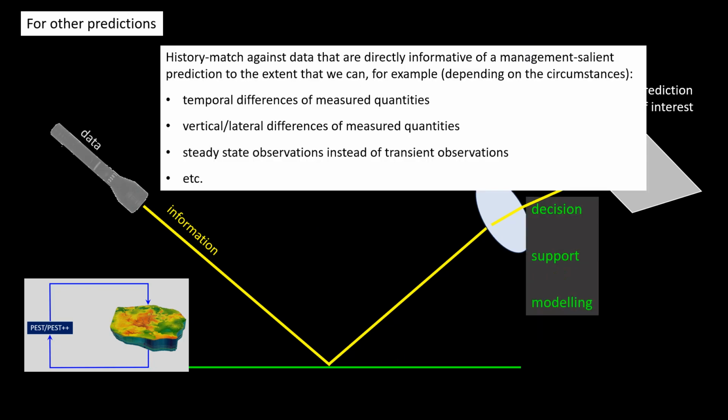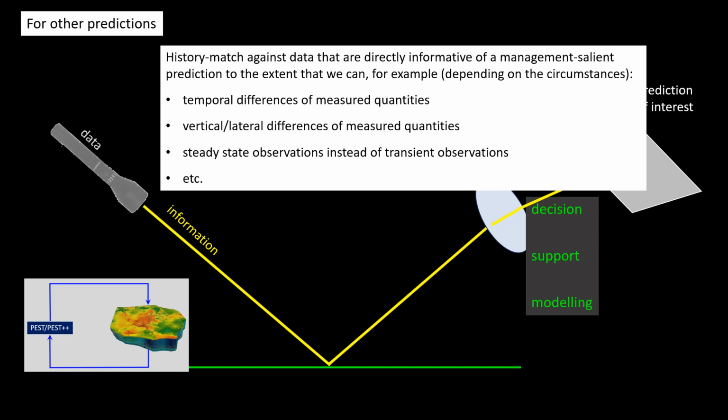Well, I think there are many situations where we can achieve something like this. For example, suppose we have to make predictions that are dependent on differences. For example, difference of a head in one layer from that in another, or flow between one aquifer and another, or seasonal differences in heads.